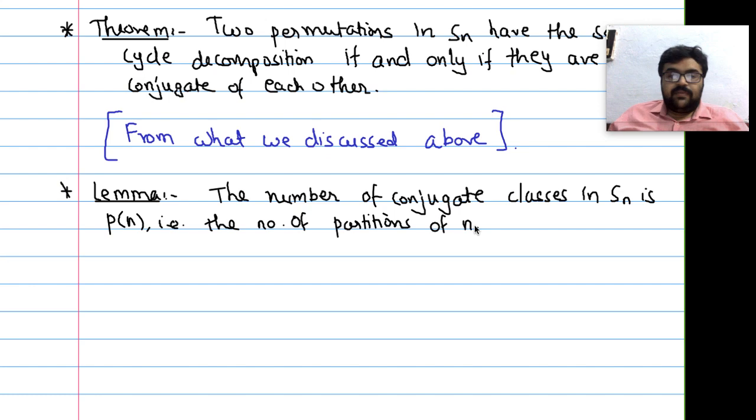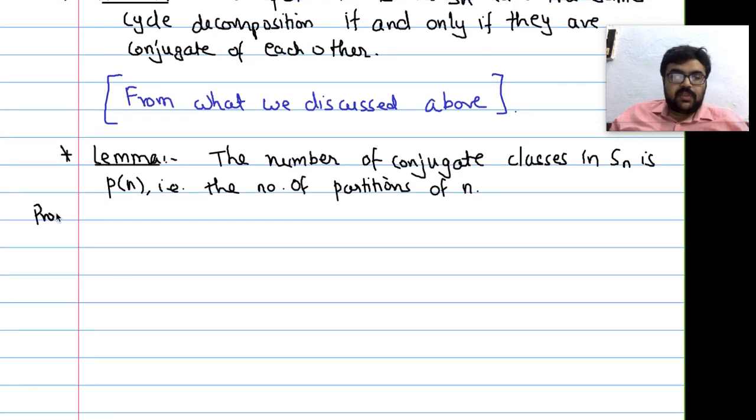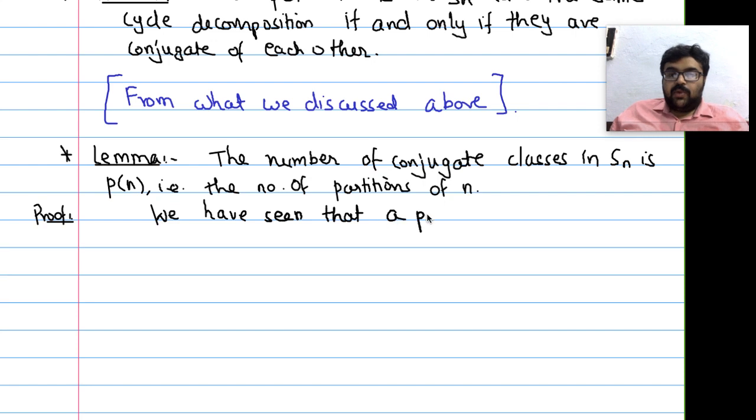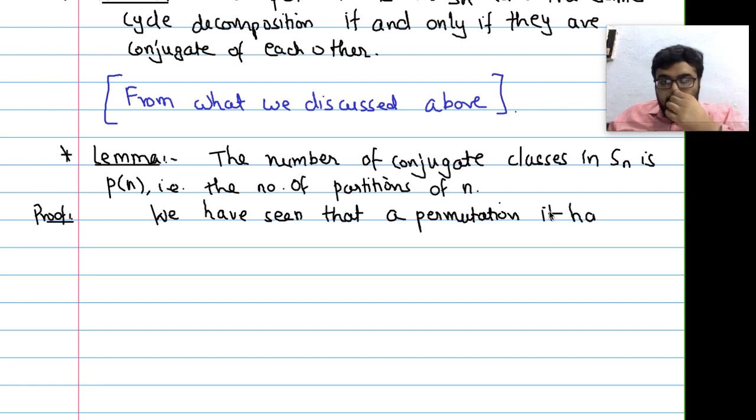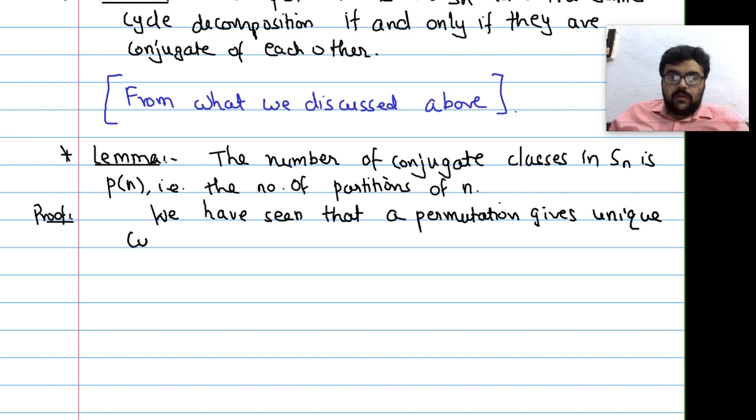And suppose we want to write the proof, we can write the proof of this. So we have seen that a permutation gives a unique cycle decomposition.